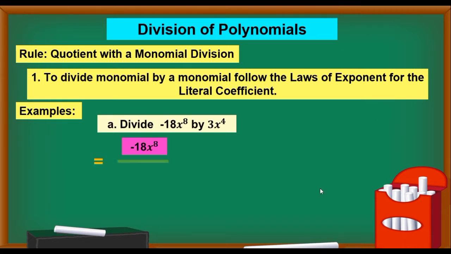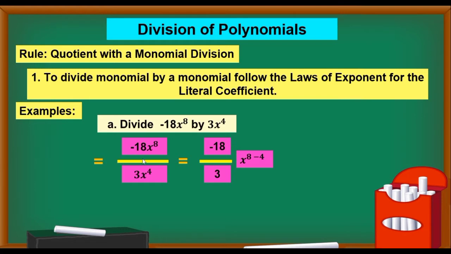So, isusulat po muna natin ng ganito. So, negative 18x raised to 8 divided by 3x raised to 4. And then, pagsasamahin po natin yung kanilang parehas na numerical coefficient at literal coefficient. So, magiging negative 18 divided by 3. And then, yung x po, since parehas po sila ng x, so pwede nating i-divide or i-subtract ang kanyang exponent.